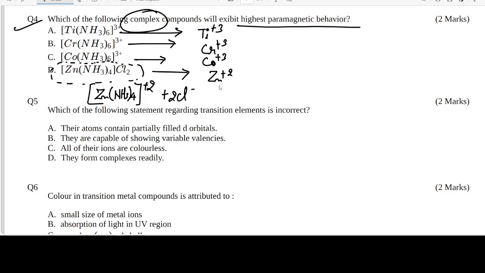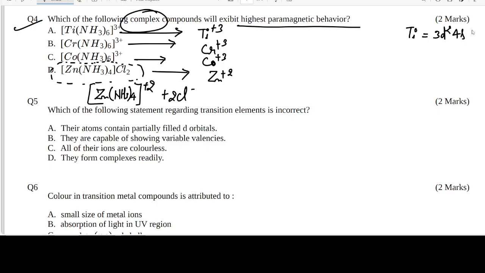Let's see how to understand which one has more unpaired electrons. For titanium plus 3 and chromium plus 3, we write the electronic configuration. Normal titanium is 3d2 4s2.